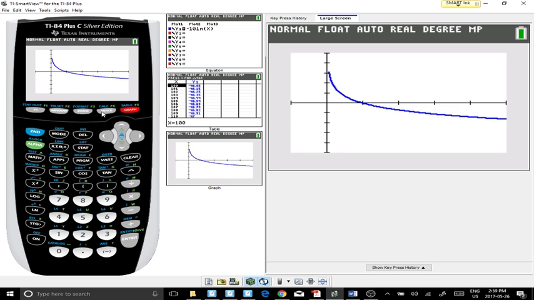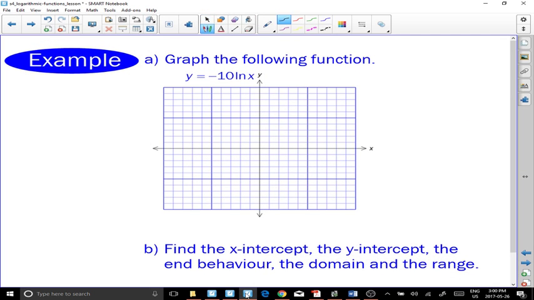Like, I can even just hit trace on my graphing calculator, and I can even see that at 2, it's negative 6.93. So even if I get a couple points on here, I can go with a couple points. It doesn't have to be perfect. It just has to give me an idea of what the graph looks like. So as Alana mentioned, we do know we have the point 1, 0. We have the point 2 and negative 6.93.